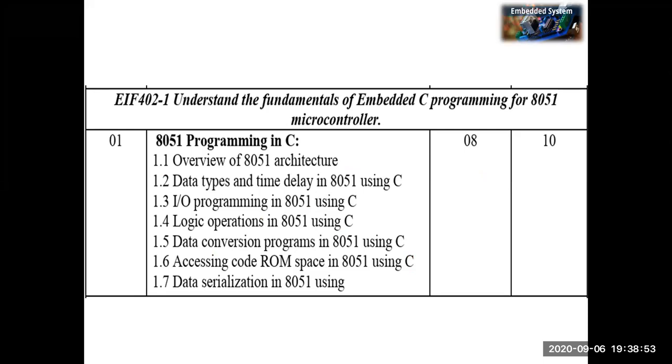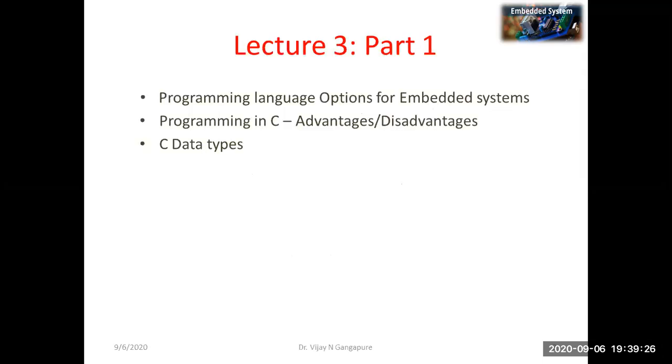So today we are going to discuss data types and time delay in 8051 using C. That is, we are going to study what data types in the C programming language we are going to use while programming 8051 for various applications. And we are also going to discuss how to design time delays in C for the 8051 microcontroller.